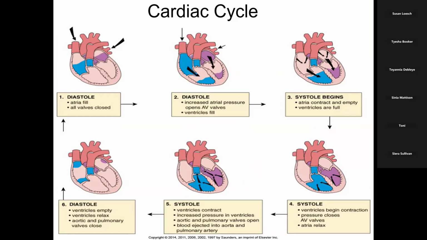But a lot of times it's caused because the valve doesn't close all the way. Usually it makes a swishing sound or a turbulence. It could also be caused by a hole in the septum. So sometimes kids will be born with these and they're really minute and they'll go away. Other people may have to have some sort of surgical procedure done.